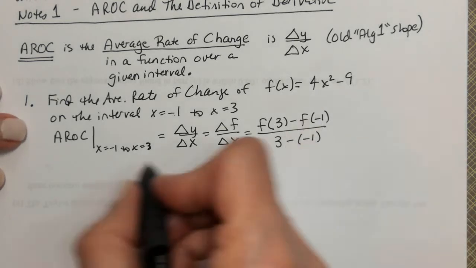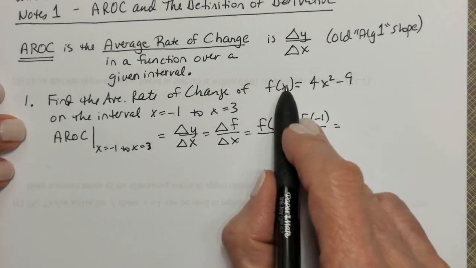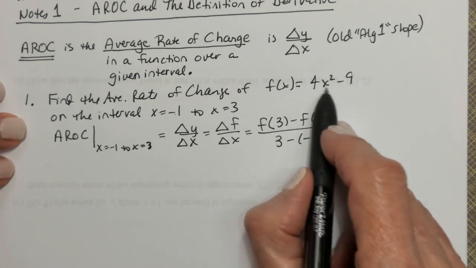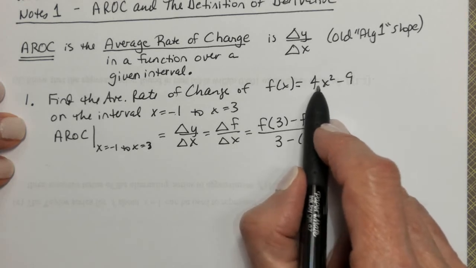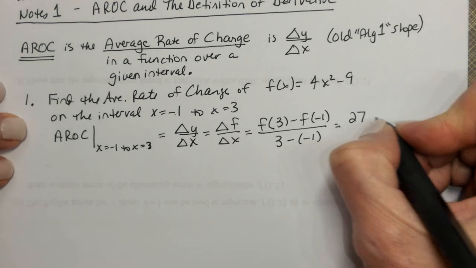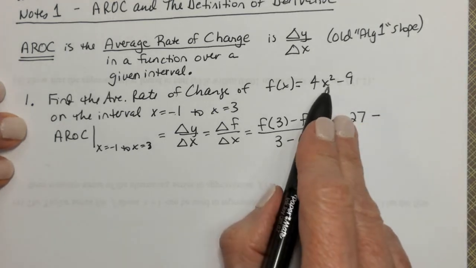So let's see, we need to find out what f of 3 is. If we plug 3 in for x, this will be 4 times 9, that's 36. 36 minus 9 is 27, minus, now I'm plugging negative 1 in for x.